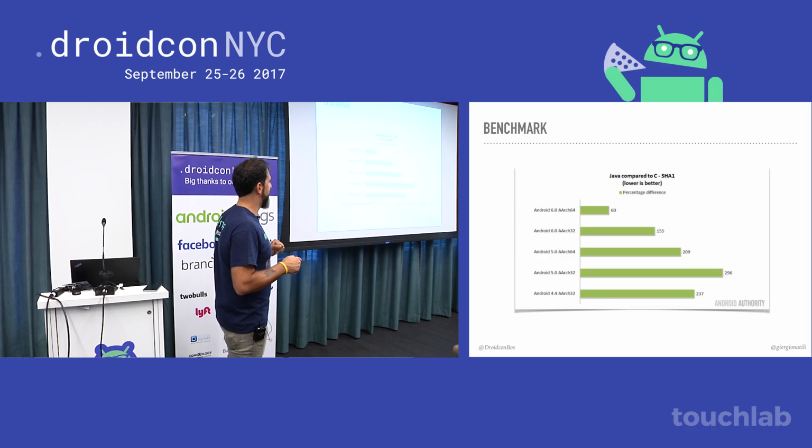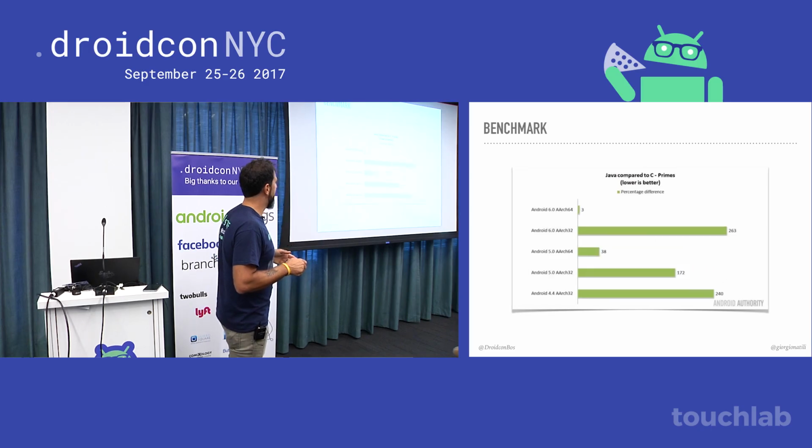And think about performance. Here is a comparison between Android 4 up to Android 6, with Java compared to C to calculate an SHA1. It's not so good with Android 5, but it depends. If you are simply calculating prime numbers, you see that there are still huge differences, but on Android 6 with the 64-bit architecture, it's almost the same.